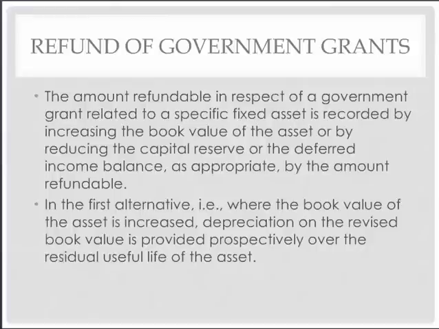Now, in the first alternative, where the book value of asset is increased, the depreciation on the revised book value is provided prospectively over the residual useful life of the asset. As I said, you recalculate the depreciation from that date onwards. Next slide will explain how should you treat refund of government grant where it relates to promoter's contribution.